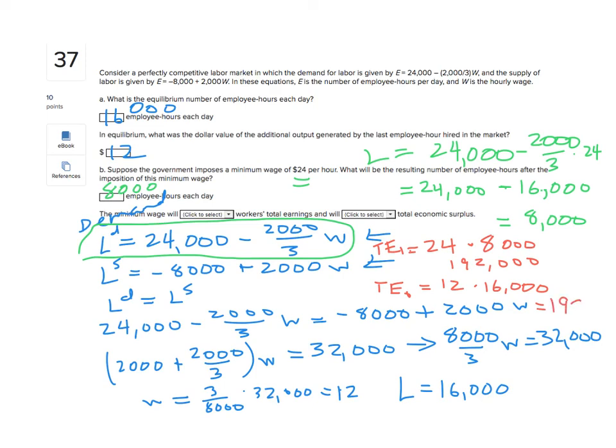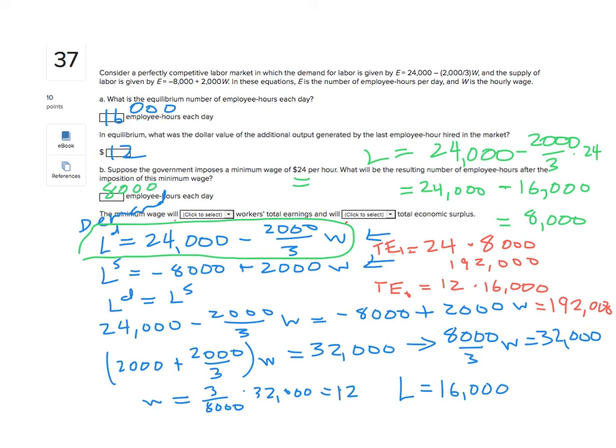Wow. Who would have guessed? They must have canned this problem. So what we have is minimum wage will not change workers' total earnings and will reduce total economic surplus.